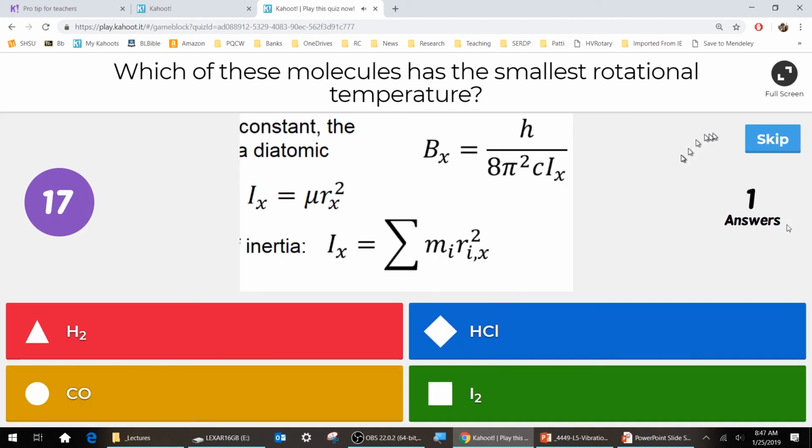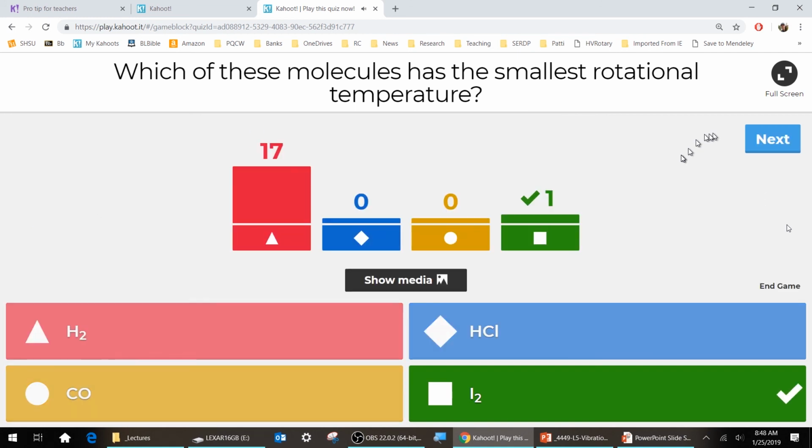Rotational temperature. Now that equation is not shown on there. That was theta V or theta R, theta A, theta B, theta C. Who got it right? Yeah, someone. Way to go.